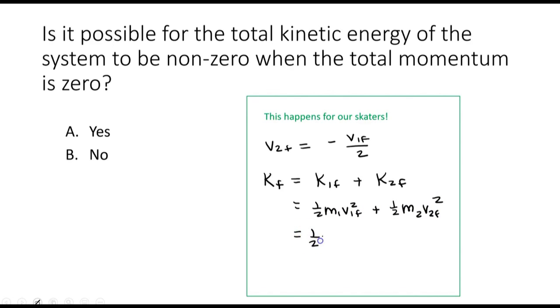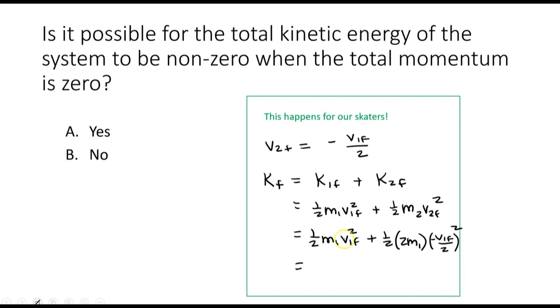That's going to be 1/2 m1 v1 final squared plus 1/2, remember m2 is really 2 times m1, and v2 final was really v1 final divided by -2, squared. When we add those two things together, v2 final is negative v1 final divided by 2, but the square means that it ends up giving us a positive kinetic energy, right? So we never get negative kinetic energies.